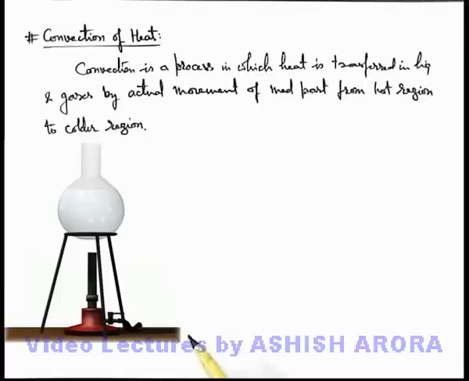This is a flask in which clear water is filled, and at the bottom of the flask undisturbed ink is placed, and here you can see when a burner is lit, due to heating and conduction of heat through the walls of the flask, the ink will get heated up, and due to heating, ink particles will have some thermal agitation, and due to heating it expands, and the hot ink particles will start moving up, and gradually the ink particles rise in the upper region of water, which is the colder region.